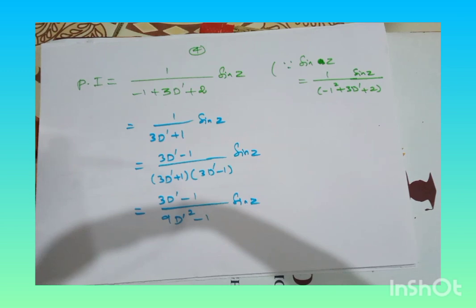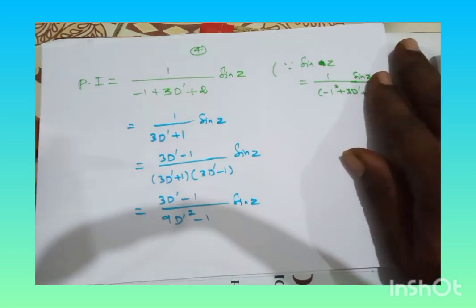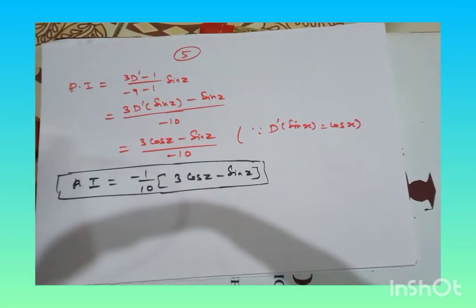Now again D dash squared is replaced by the same rule, minus 1. So the numerator is 3D dash of sine z minus sine z, divided by minus 9 minus 1, that is minus 10, isn't it? D dash represents differentiating one time, so sine becomes cos z. So the particular integral is minus 1 by 10 into 3 cos z minus sine z.